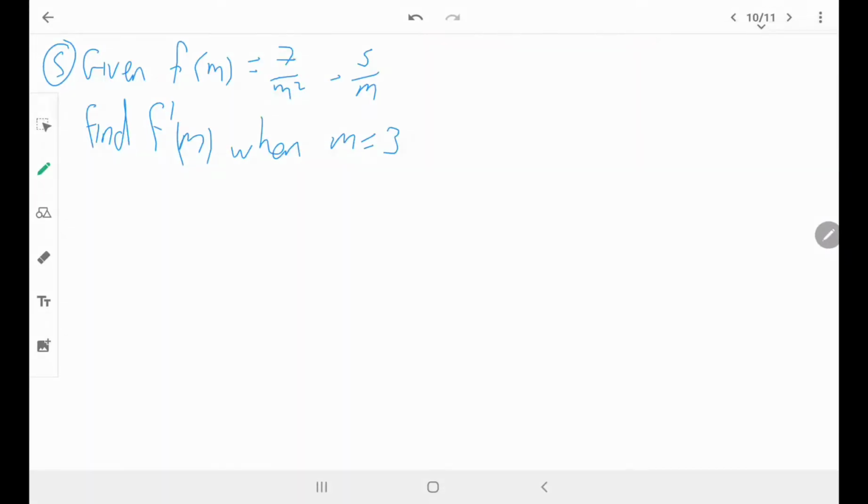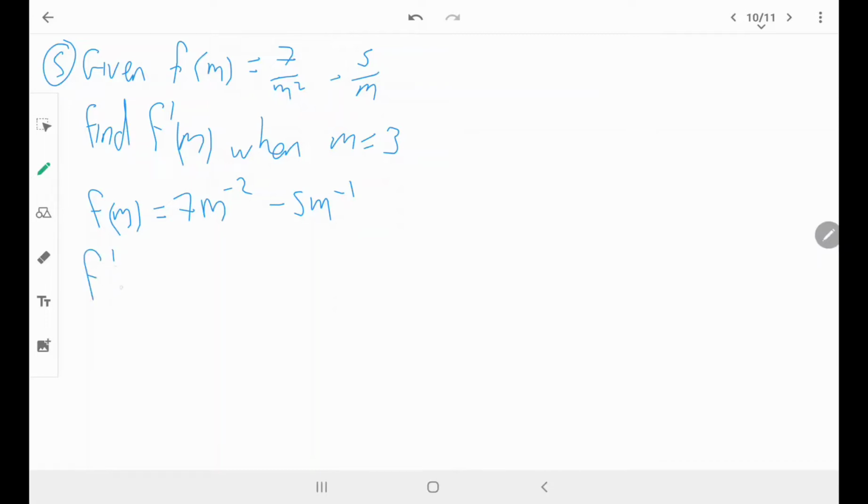Okay, question 5. Given f of m equals 7 over m squared minus 5 over m, find f dash of m when m equals 3. So let's have a little gander through this one. First of all, I'm going to rewrite this. So f of m is 7m to the minus 2 minus 5m to the minus 1.